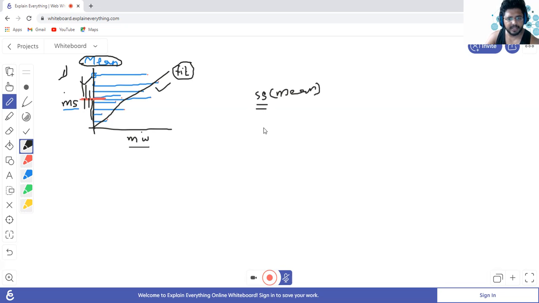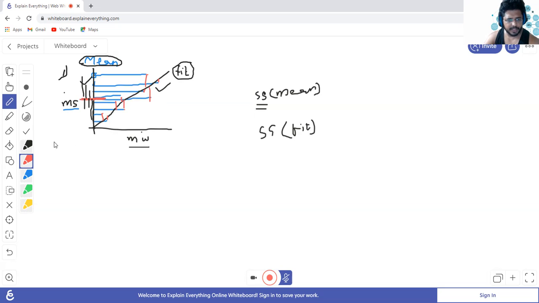Similarly, I will have an SS fit, which is for the fit line, and this is nothing but these distances. Like I had the distances calculated on the y-axis, I also calculate the distances from the fit line.